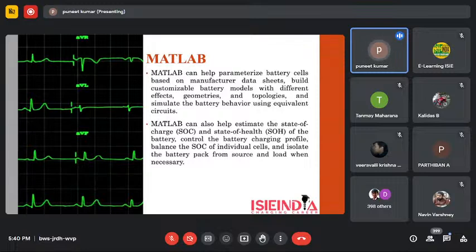These three different battery packs are now used in three different things. For the third one, which we have discussed, which has a low state of discharge and low state of health, they are used in autos.